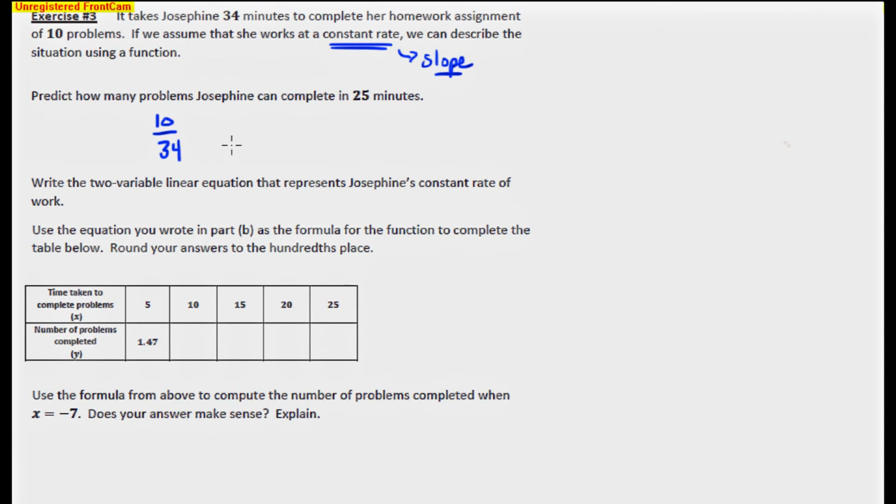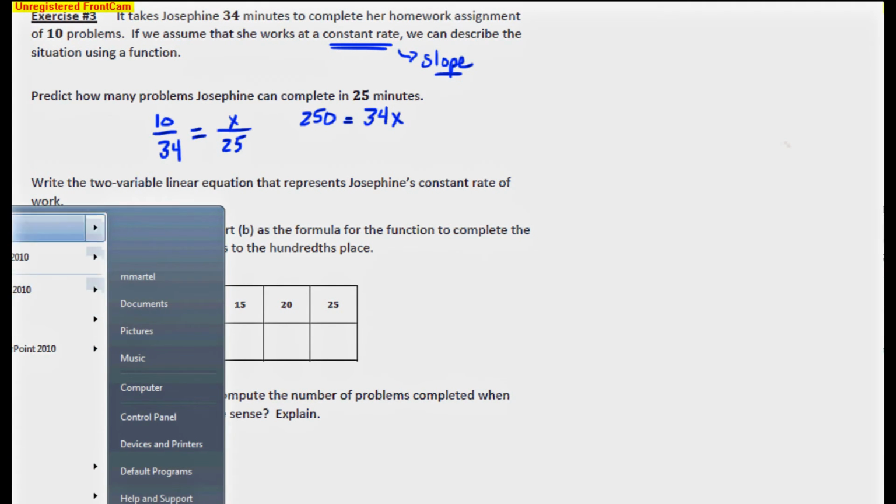Usually we put the time unit on the bottom, right? So we're going to make a proportion, and we're going to equate that to, well, they gave me 25 minutes, and they want to know what x is. How many problems can she do? All right, and we all know how to solve that proportion. We cross multiply, so 25 times 10 is 250, and 34 times x is 34x.